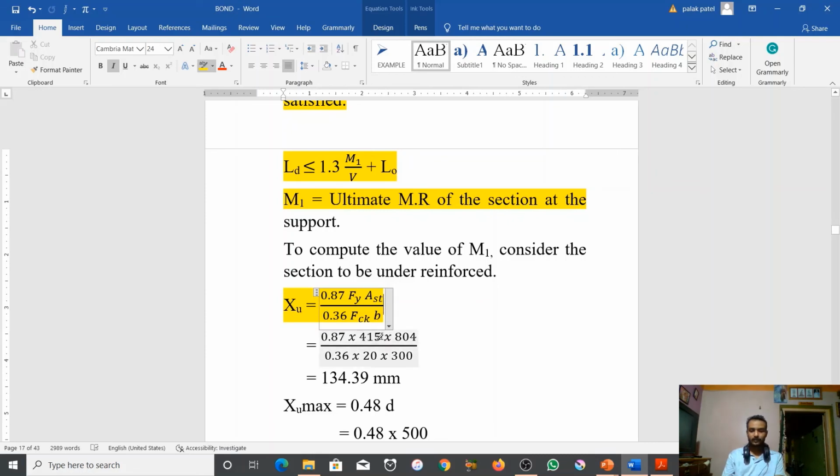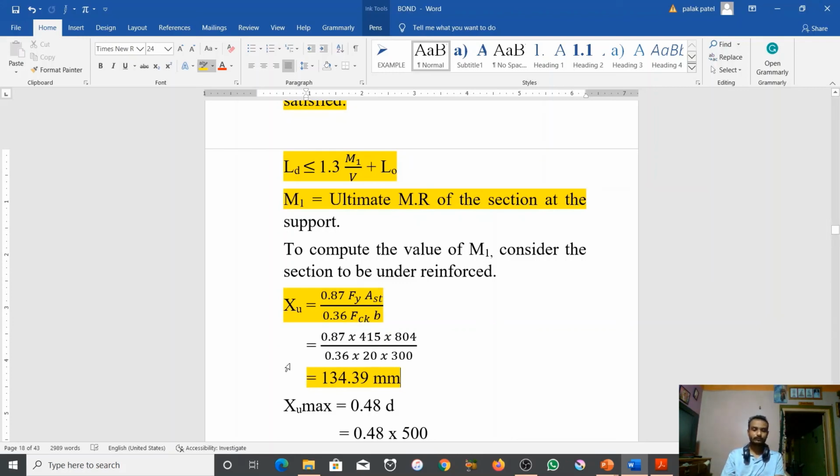Fy is 415, and the area of steel in the tension zone is four bars of 16 mm diameter. By this detail we can find the area of steel, which is 804.36. FCK is 20, width is 300. So XU is 134.39 mm.